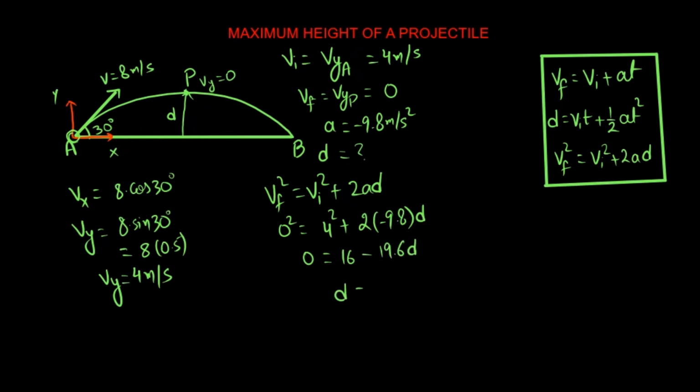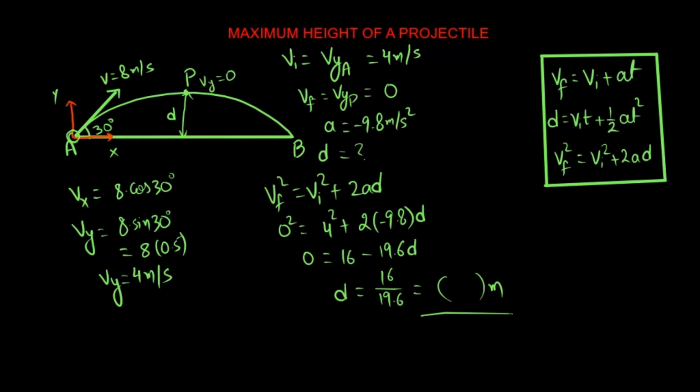From here, d would be 16 over 19.6. Use the calculator and you get a value in meters. That would be the distance in y, which is the maximum height that the projectile travels.